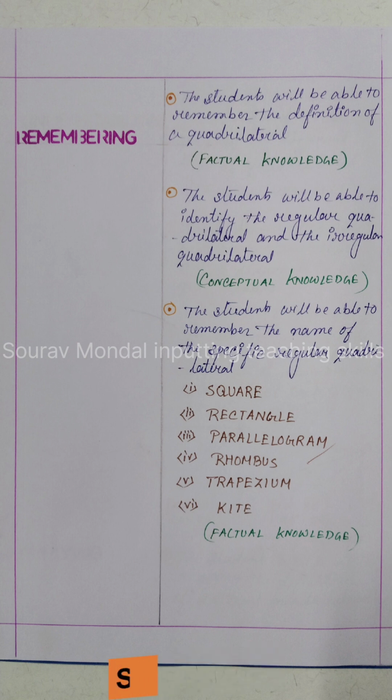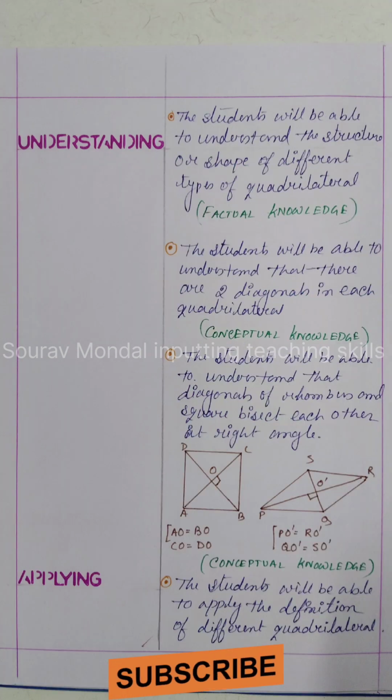Next, for the step learning goal, I mention the objectives as per the revised Bloom's taxonomy, that is remembering. The students will be able to remember the definition of quadrilateral, factual knowledge, etc.